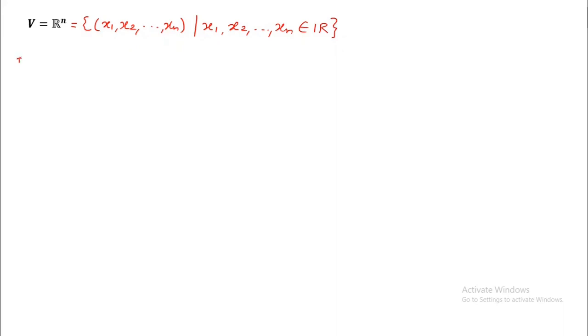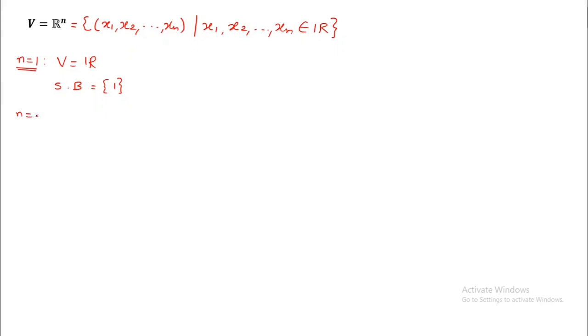So for n is equal to 1, your vector space is going to be R itself. In this case, your standard basis, I will call it SB, is equal to the singleton 1.